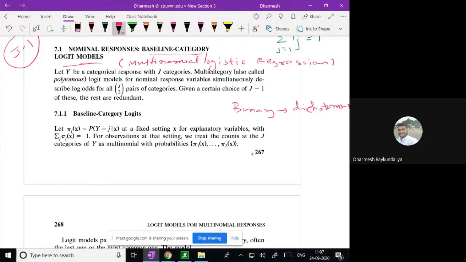And when there are more than two categories, we call it polytomous. So whatever models we are developing here for a multi-category response are also known as polytomous models.